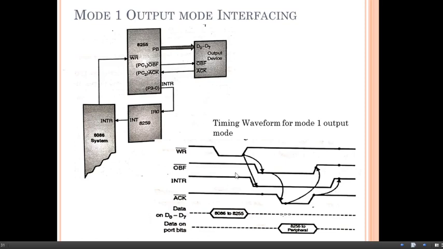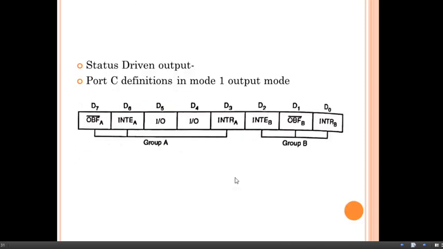So here the write bar is activated. In that case, the data is written by 8086 to the 8255 output port, and when the acknowledgement signal is low, INTR is low and OBF is low, in that case 8255 will give the data to the peripheral. So this is the timing waveform for mode 1 output mode.